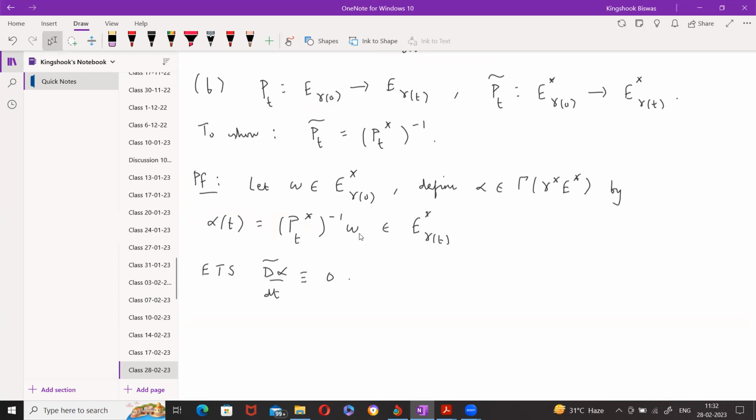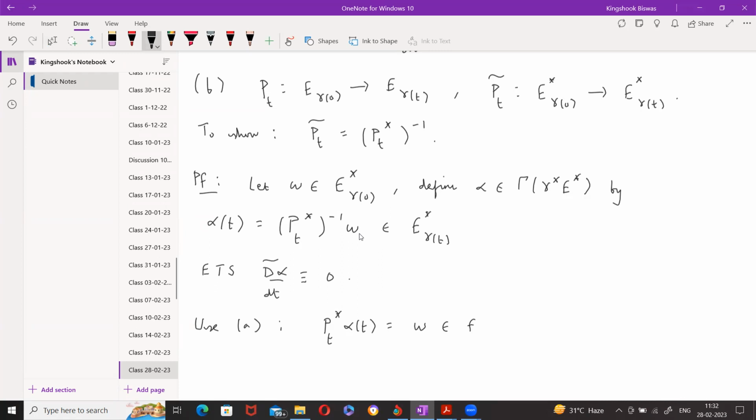Okay. So how do we show this? We use part A. So alpha t is PT star inverse of omega. So that means that PT star of alpha t is equal to omega, right? Yes. So where is omega?